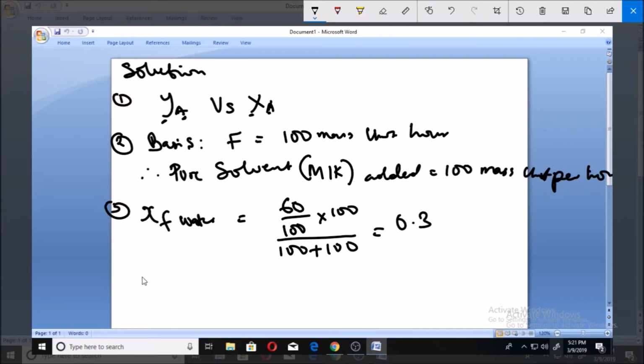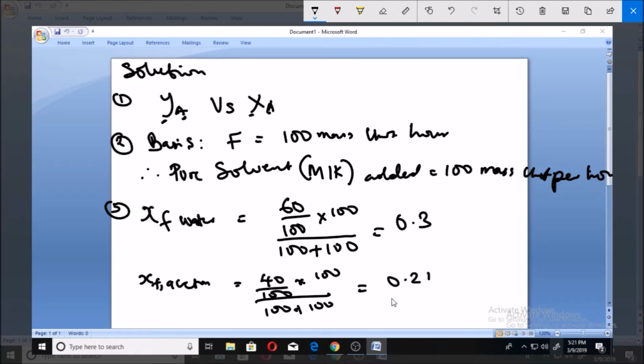If we also do, in the feed again, what is the acetone in the feed? They told us it's 40, so it's 40 over 100 times 100, all over 100 plus 100, feed plus solvent, which will give us 0.21. Now we do S of F for the MIK.